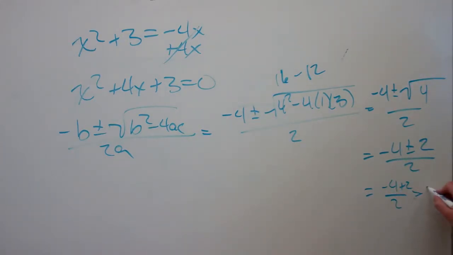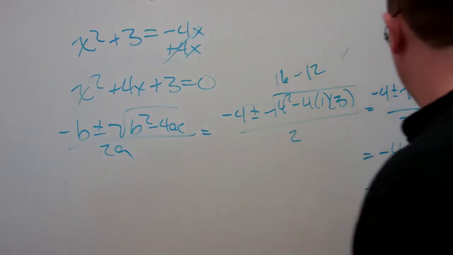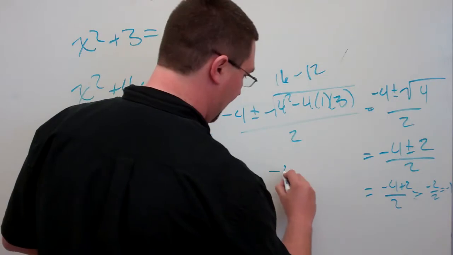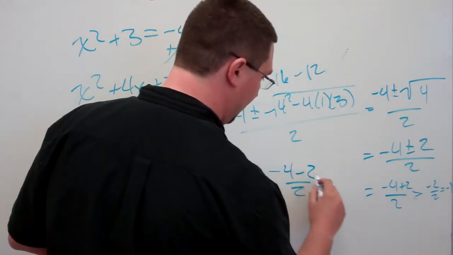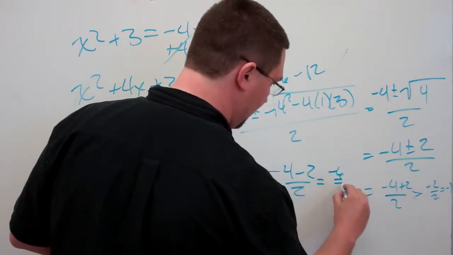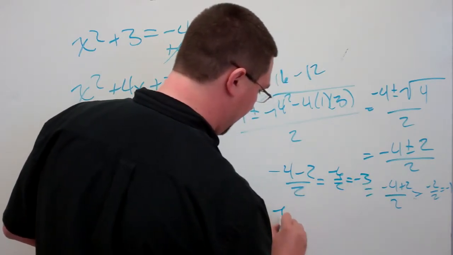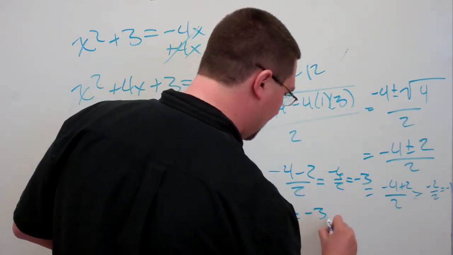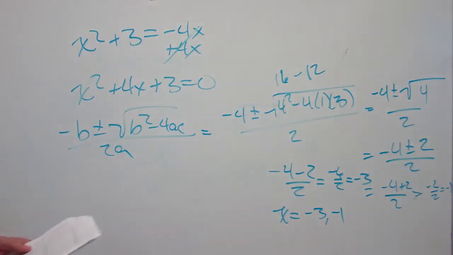Negative 4 plus 2 is negative 2 over 2, which is negative 1. Hope you all can see that. And then when you do the negative 4 minus 2 over 2, negative 4 minus 2 is negative 6 over 2, which is negative 3. So your answers are x equals negative 3, negative 1, B.